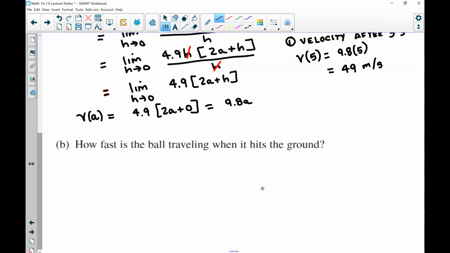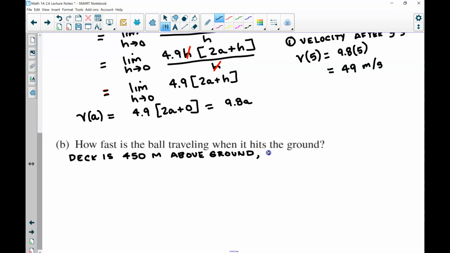Now, we want to know how fast the ball is traveling when it hits the ground. So we know that the deck is 450 meters above ground. Okay, and the ball will hit the ground at time t.